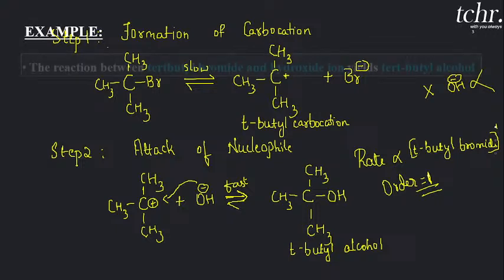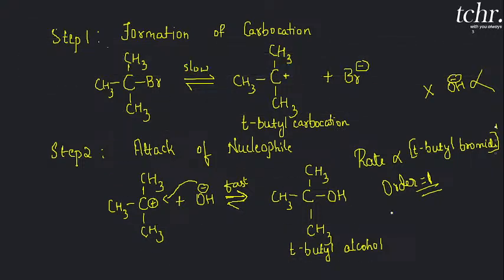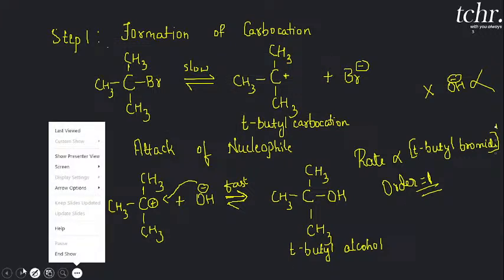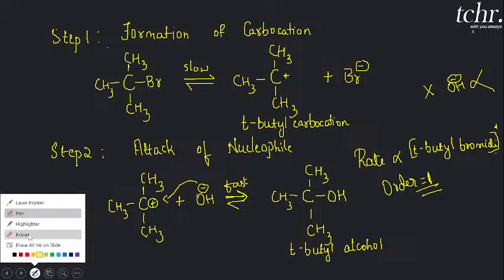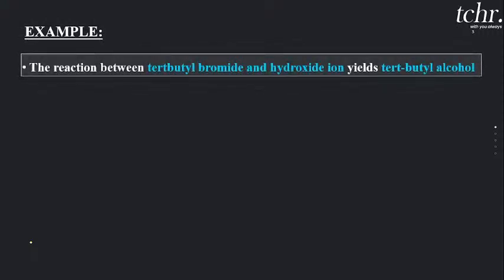Now quickly we will move on to the next question. Once again, let's recall whatever you have studied. So what happens in SN1 mechanism? It is a reaction between tertiary butyl bromide and hydroxide ion.